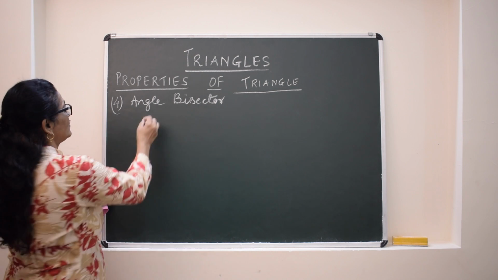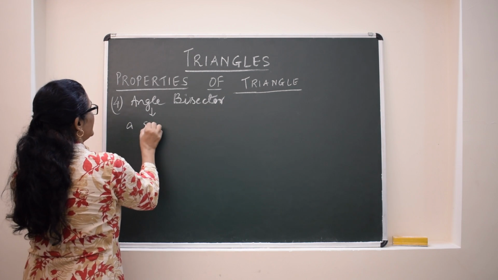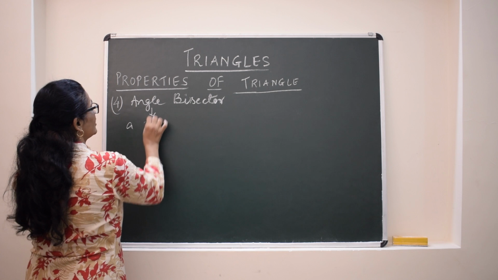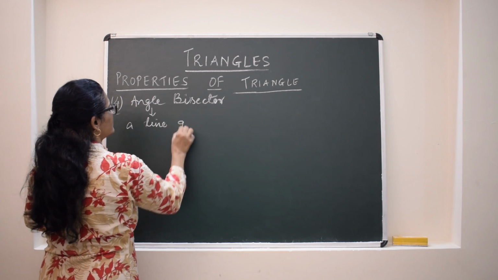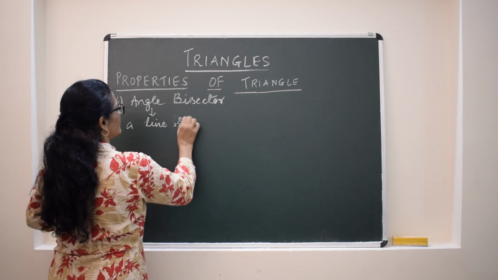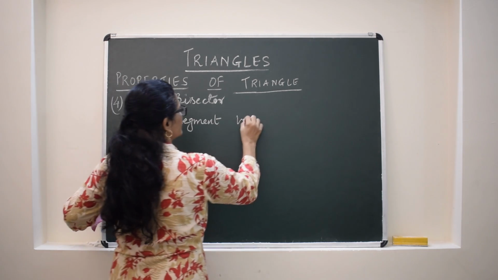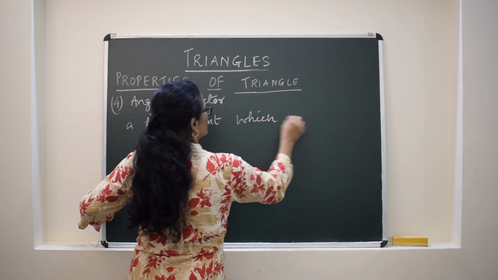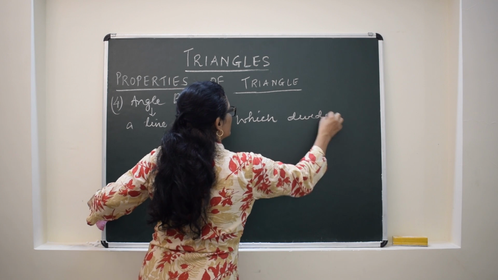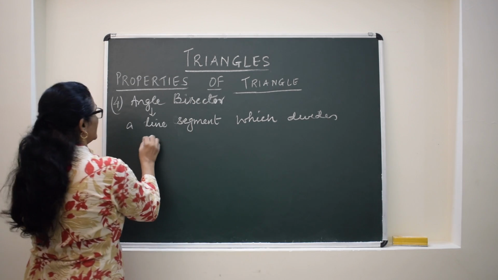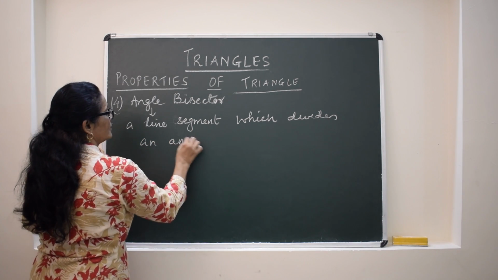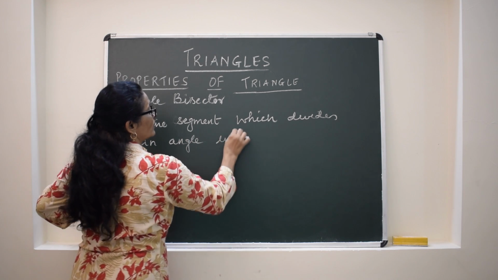So first we will say angle bisector is a line segment which divides an angle into two equal parts.